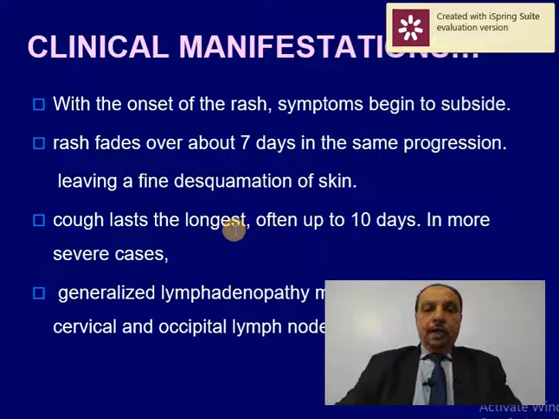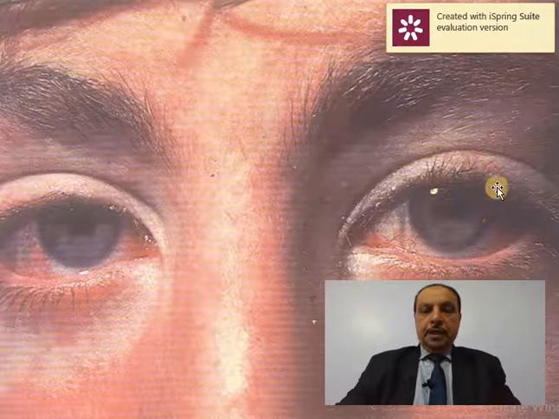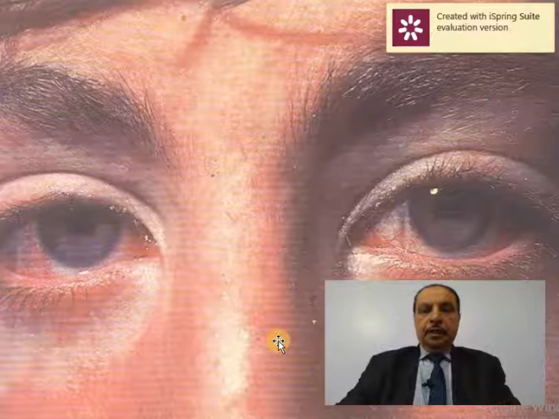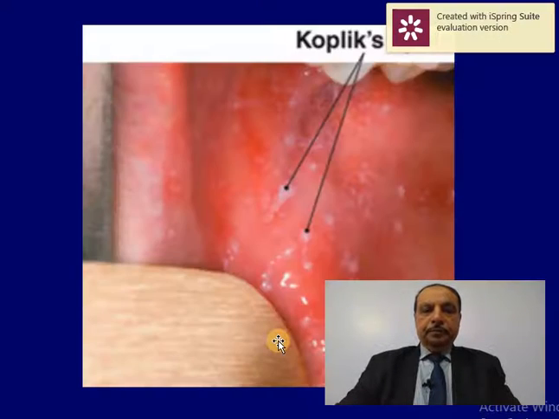One of the clinical manifestations is generalized lymphadenopathy with cervical and occipital lymph nodes. As you see in this picture, the eyes are red, conjunctivitis. We told the 3 C's: coryza in the nose, conjunctivitis in the eye, and cough, dry and irritative cough in the chest.